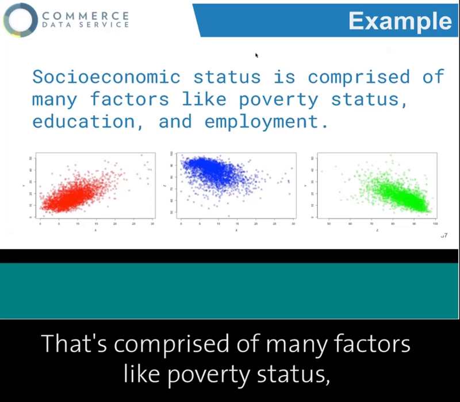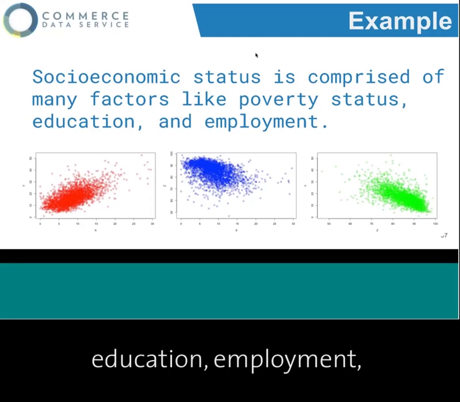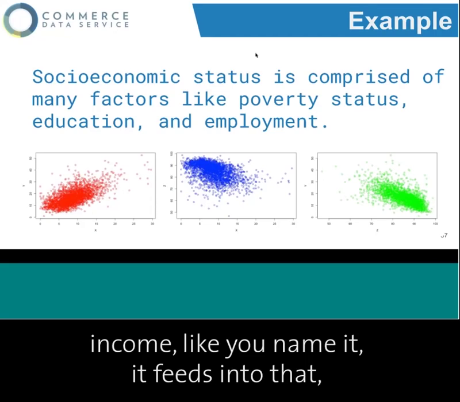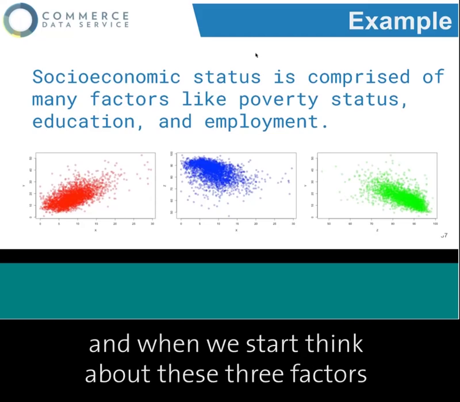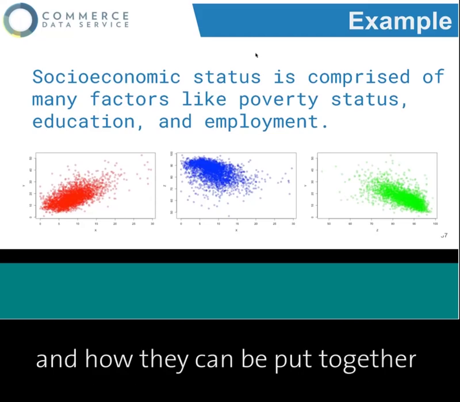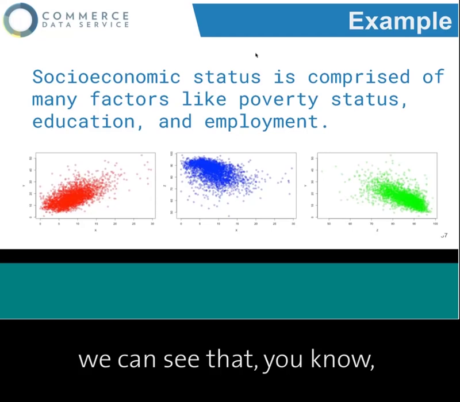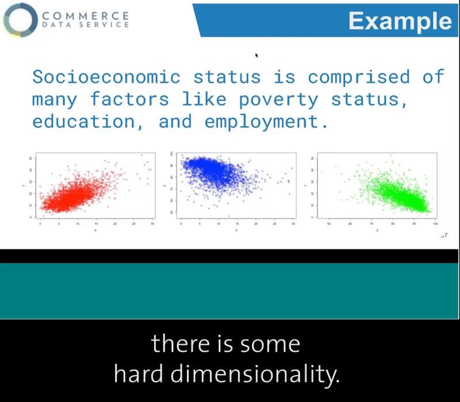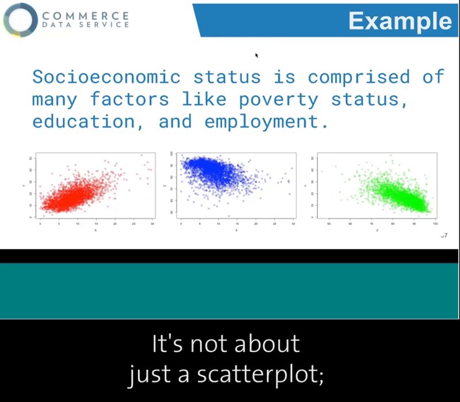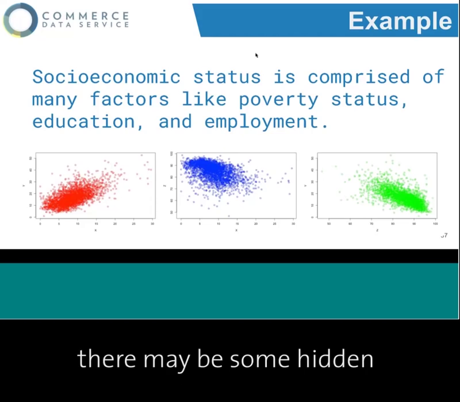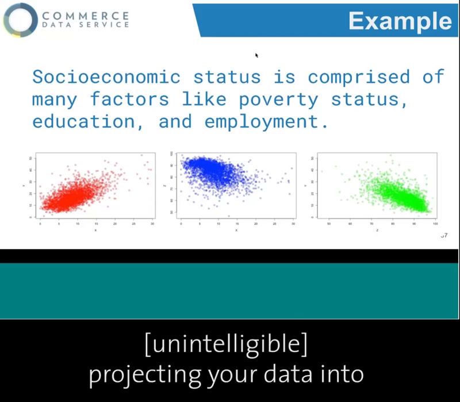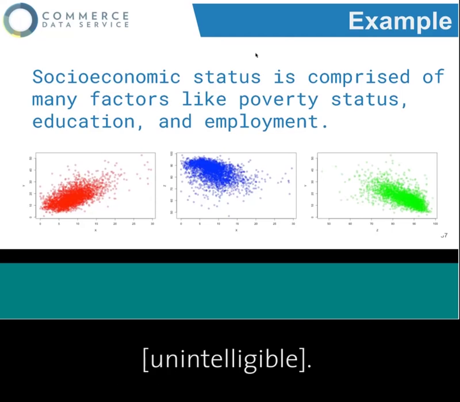That's comprised of many factors like poverty status, education, employment, income, you name it. When we think about these factors and how they can be put together to see different patterns, we can see there's some higher dimensionality. It's not about just a scatter plot. There may be some hidden gems in projecting your data into 3D space.